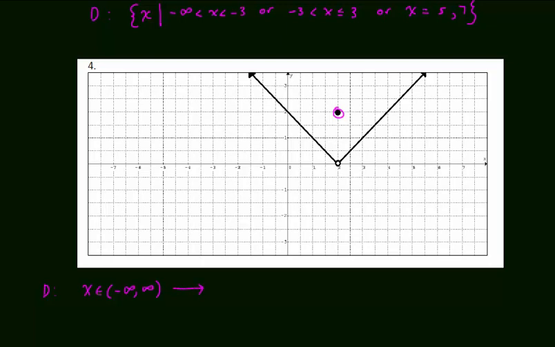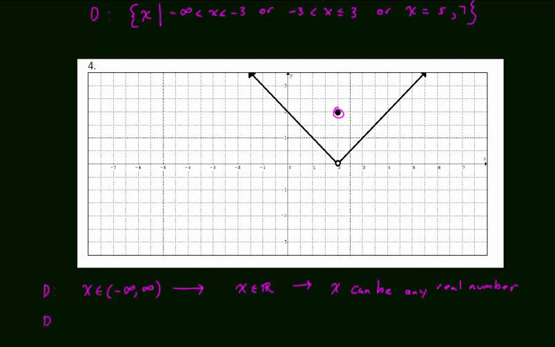We can say that x is an element of the reals. That's an R with a funny looking back to it. That's a recognized way to say x can be any real number. Another way you can do it is simply to say that x can be any real number.